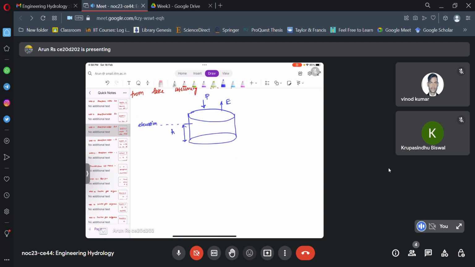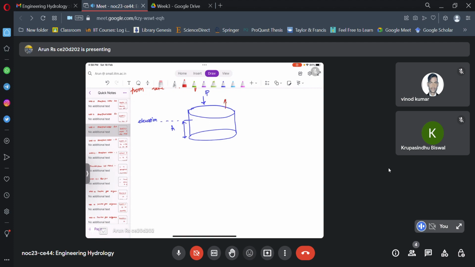So we are just considering that there is only evaporation happening from the pan, and you are getting precipitation into the pan. Now what happens as evaporation takes place? I'll mark the evaporation with the red color because it's going outside.